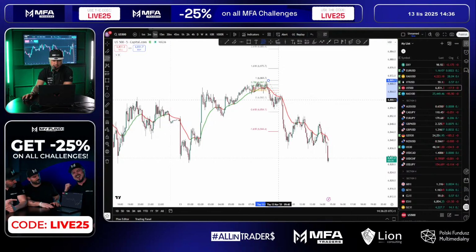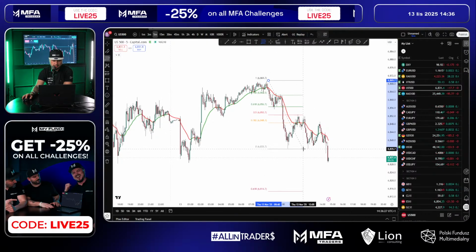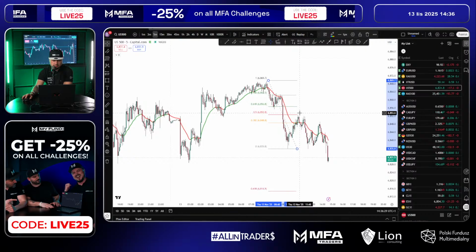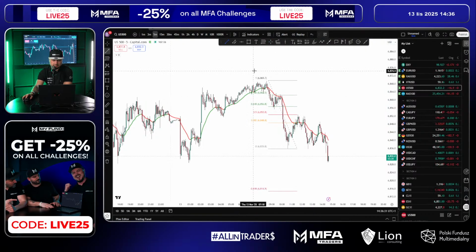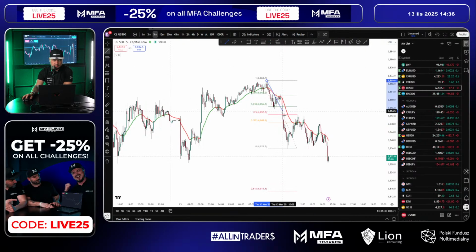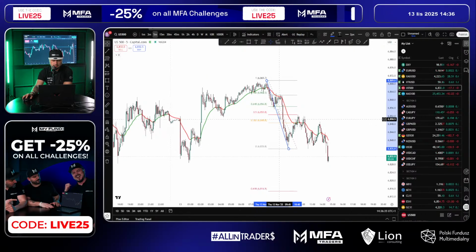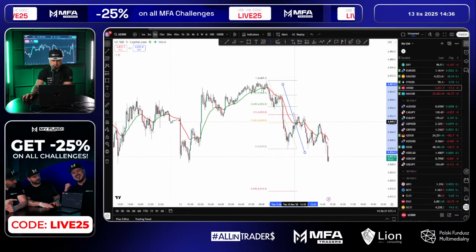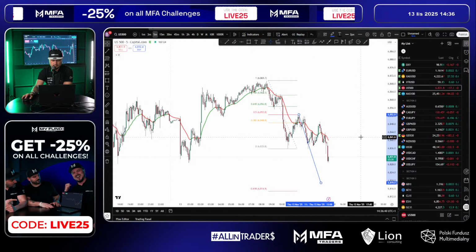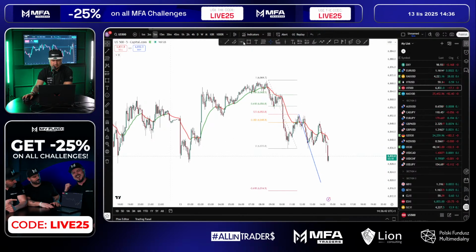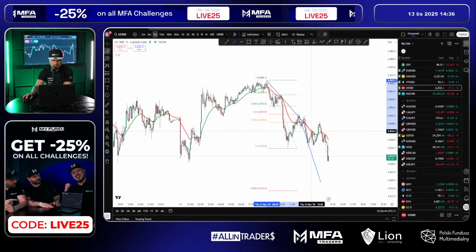We went through the bounce from level. Okay, we can measure this and reaction at 50%. Perfect. Just perfect. Okay, so we got still some space to get down.